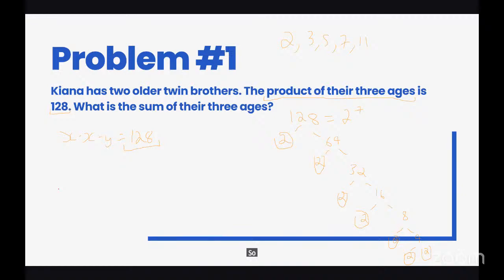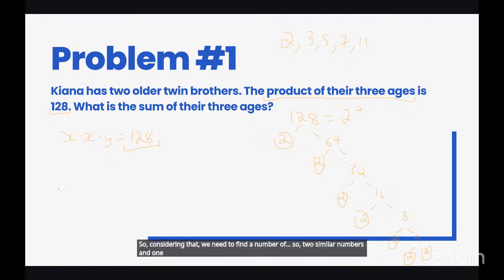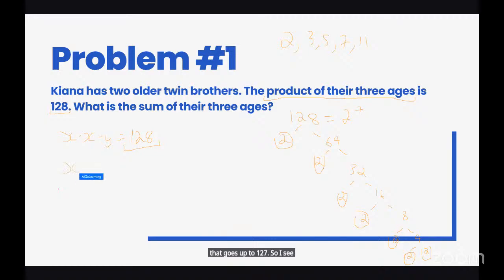So considering that, we need to find two similar numbers and one number that goes up to 127. So I see x times x times y equals 2 to the power of 7. One thing I know is all of these numbers have to be to the base of 2.